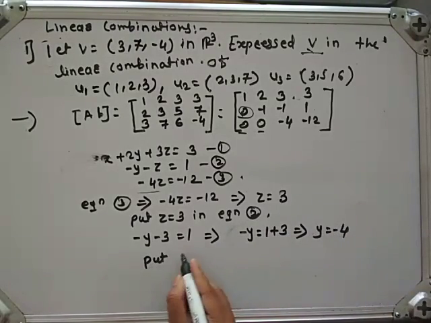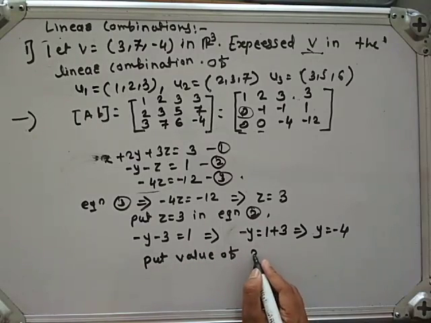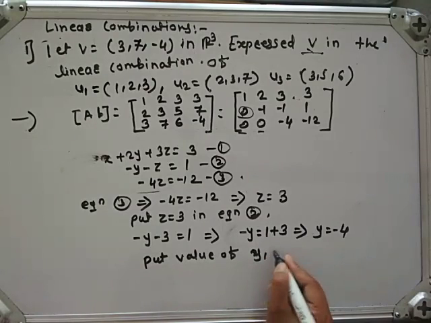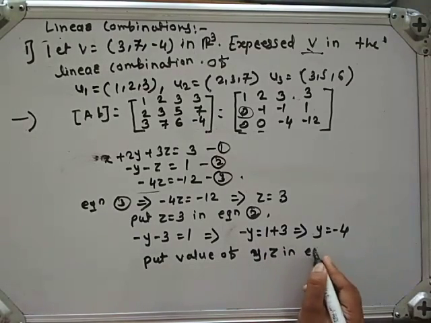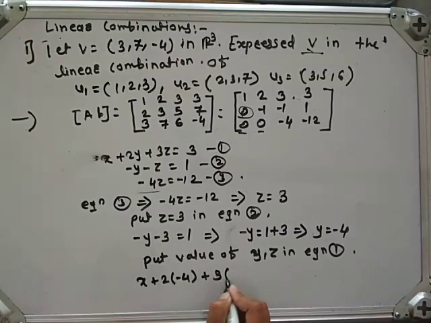Put the values of y and z in equation 1. What we get? x plus 2 into y, which is minus 4, plus 3 into z, which is 3, is equal to 3.